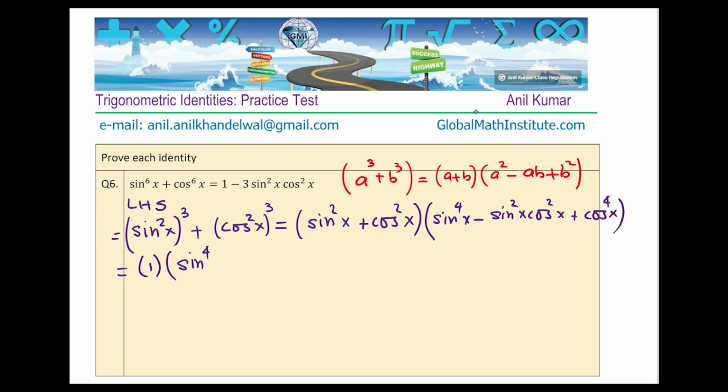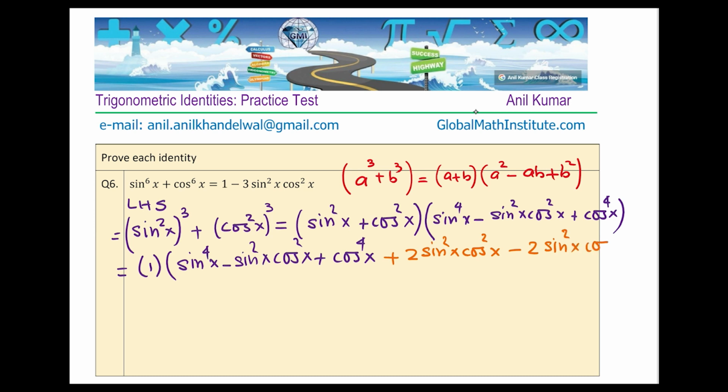We have sin⁴x minus sin²x cos²x plus cos⁴x. Now, to this, we are going to add 2 sin²x cos²x and subtract 2 sin²x cos²x.